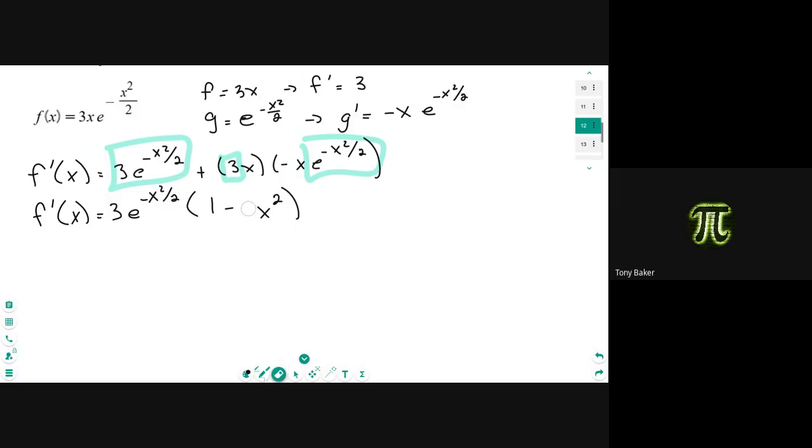I took the 3 out. That's just x squared. Then we're left with nothing in the first one, so I have to put a 1 minus the x squared. That makes my next calculation, when I'm having to do the second derivative of this, easier to work with, because while I still have a product, the products are nicer.